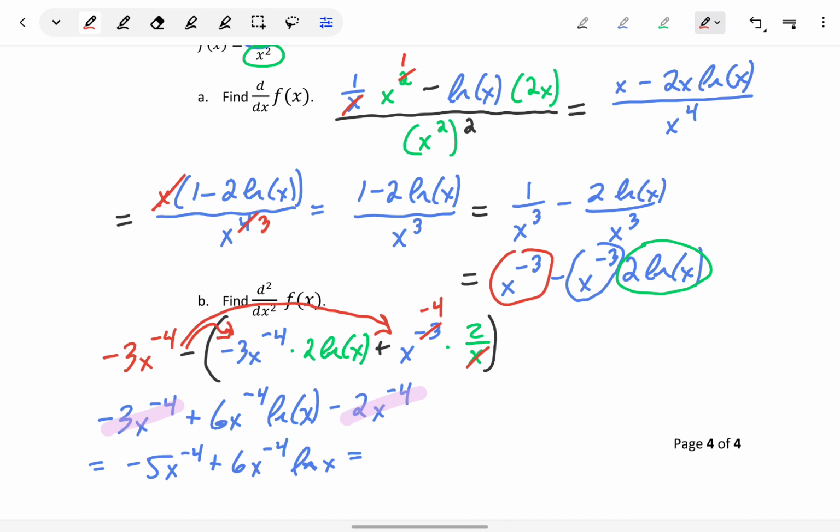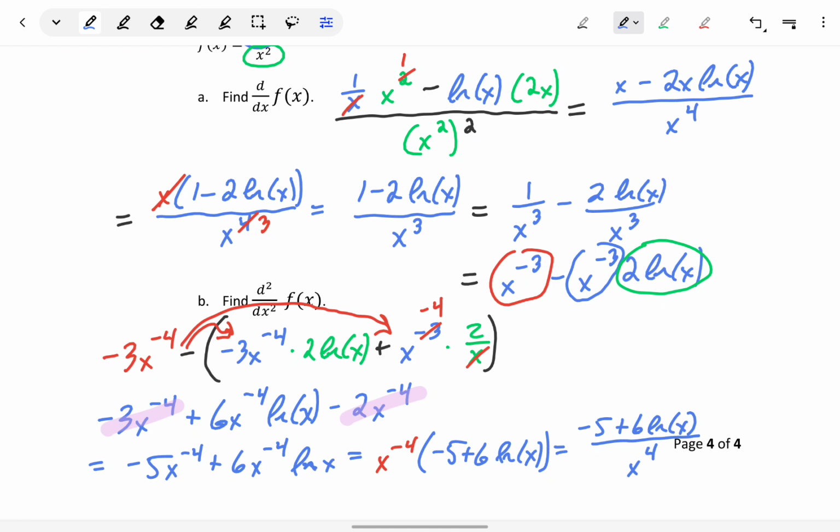From here we could factor out x to the negative fourth, since that's common between both terms, to get negative 5 plus 6 times the natural log of x, and we could rewrite x to the negative fourth as 1 over x to the fourth to get the final answer, negative 5 plus 6 times the natural log of x all over x to the fourth power.